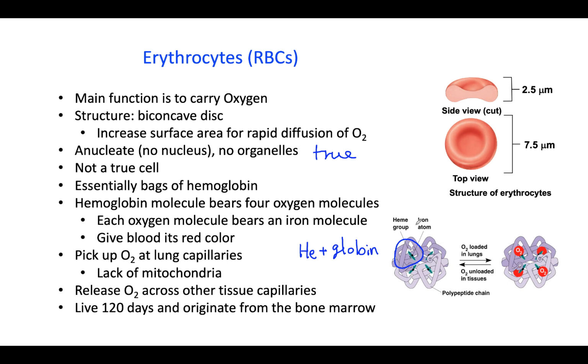Each heme group is a red pigment molecule containing one iron atom. One oxygen molecule becomes associated with each heme group. When most of the hemes are carrying oxygen, blood has a bright red appearance.